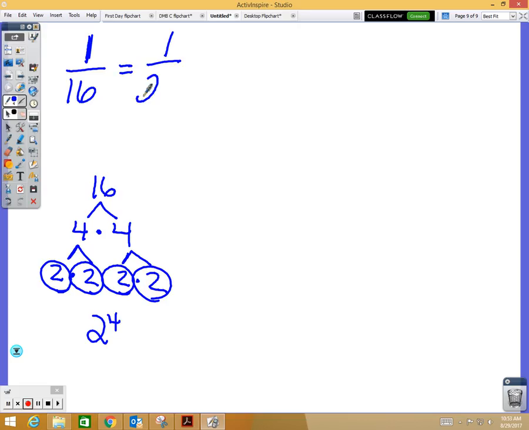So this equals 1 over 2 to the 4th power. So we take the power that's in the denominator. So my power is 2 to the 4th power. And I'm going to move this power up to my numerator. And when I do that, the sign of my exponent changes. So it's a positive 4 right now. So it's going to change to a negative 4.